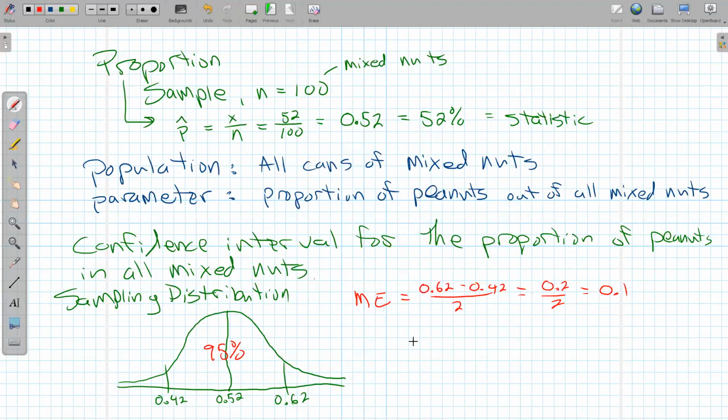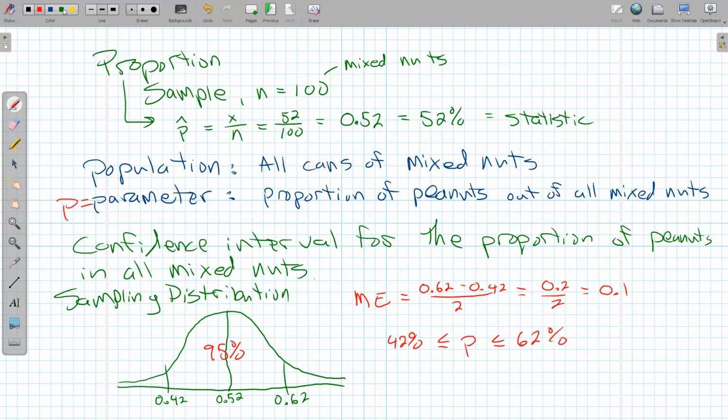So what StatKey is telling me is that it thinks the actual proportion, this parameter P, the proportion of peanuts out of all mixed nuts, is somewhere between 42% and 62%.